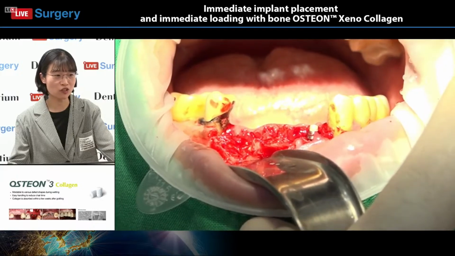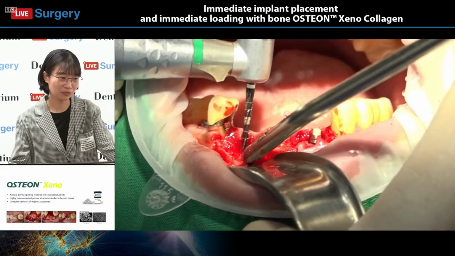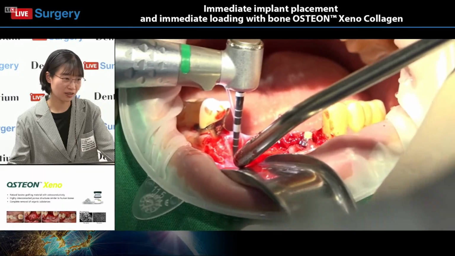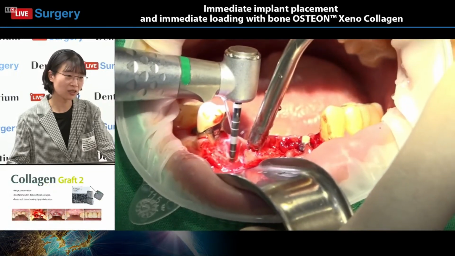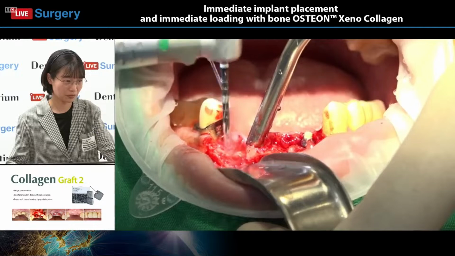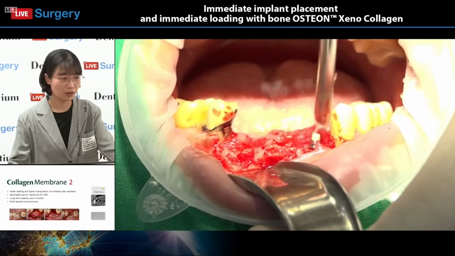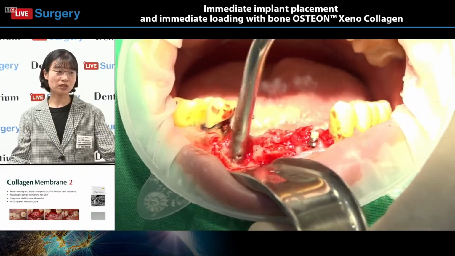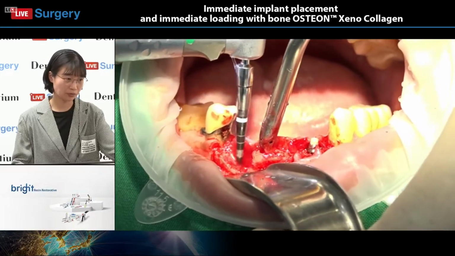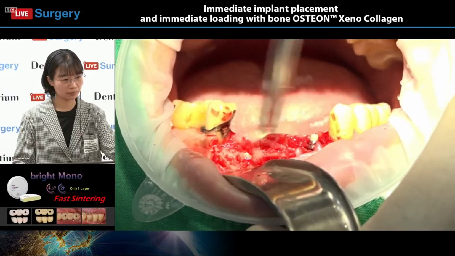But because he is professional, he can do it. Good, he can do it like this. And also we can imagine that he will use the 10 millimeter length fixtures. Great.